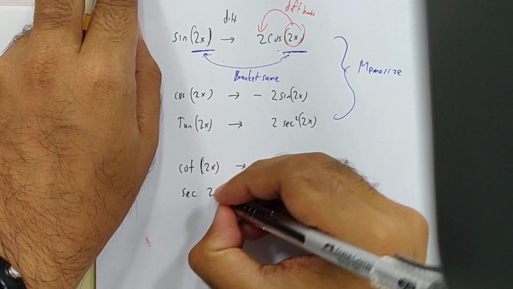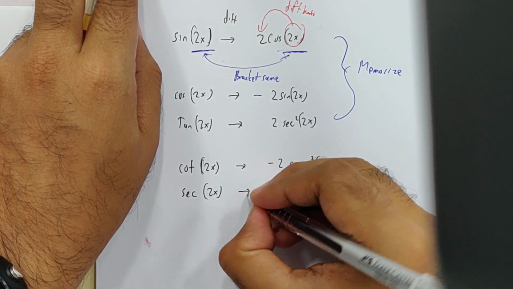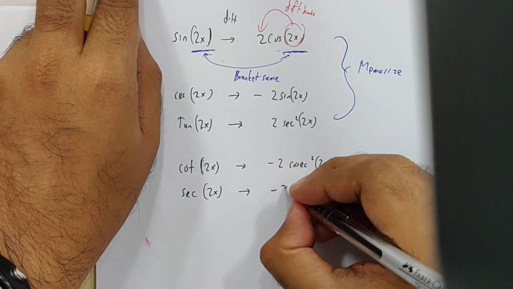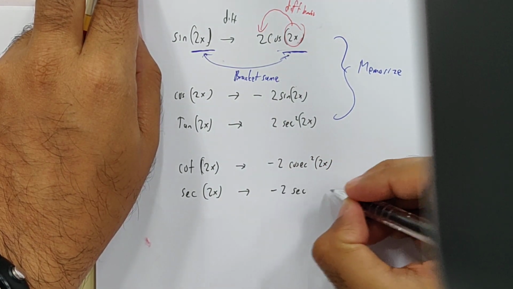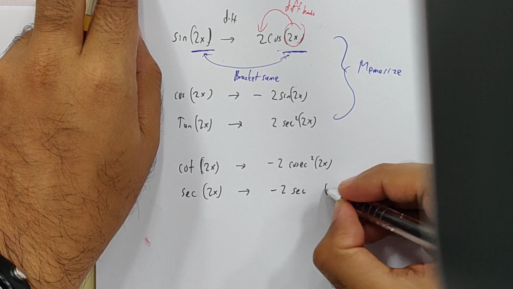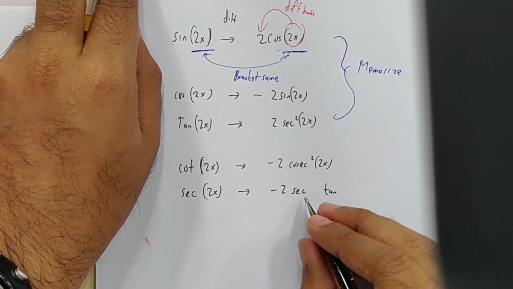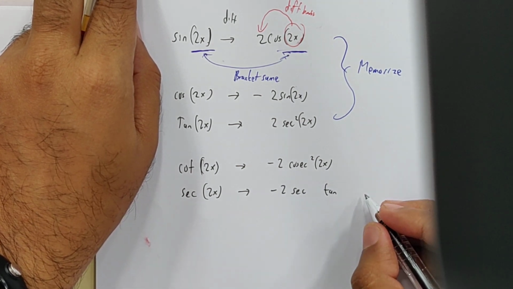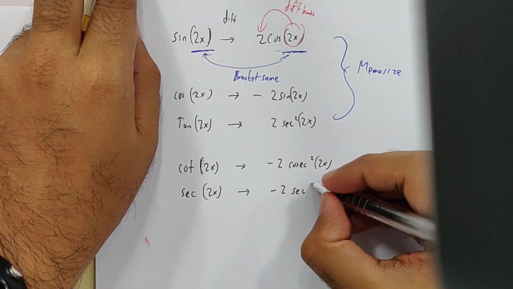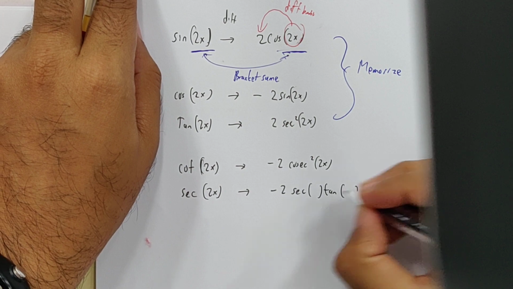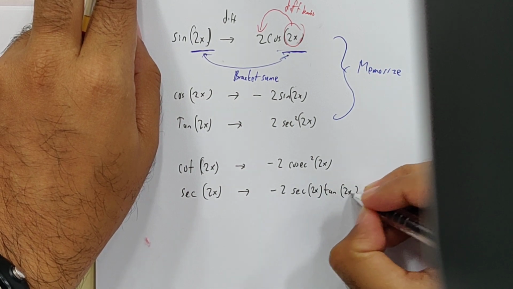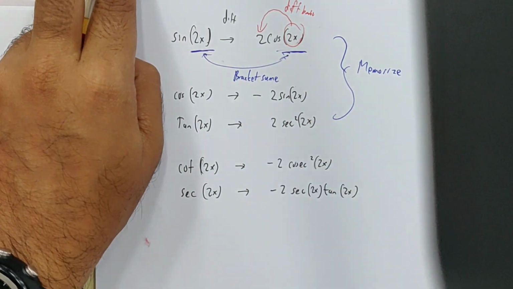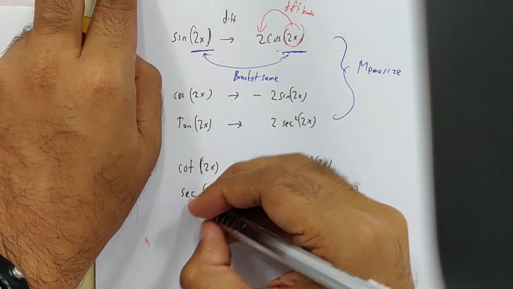Do you remember differentiating sec? What do we get? Sec tan. What will the value be? What will the value of the bracket be? 2x as well. Remember, the bracket values are the same, never change.